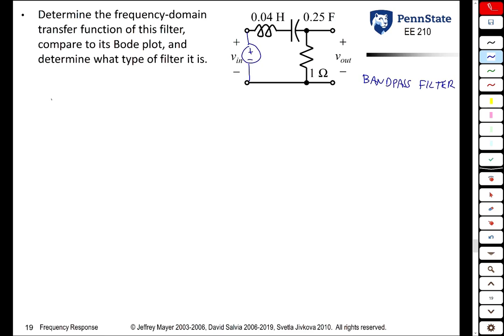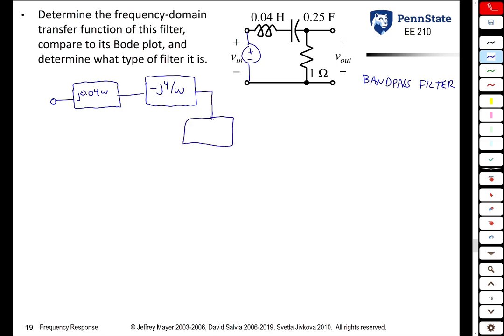In the phasor domain, the inductor becomes an impedance of j omega L. The capacitor becomes an impedance of minus j over omega C, so minus j 4 over omega. The resistor has a constant impedance, in this case 1 ohm. So Vin is applied here.